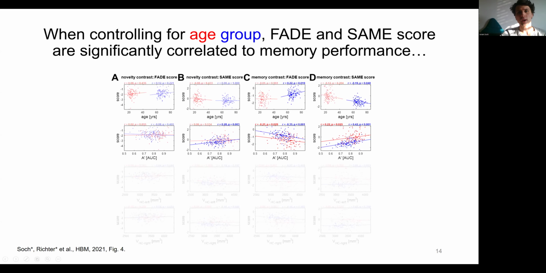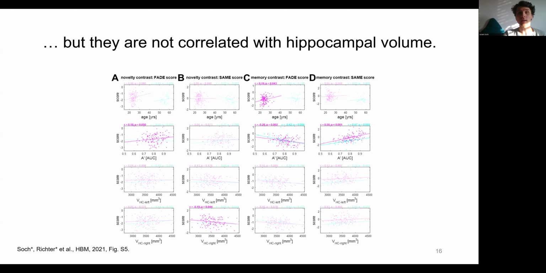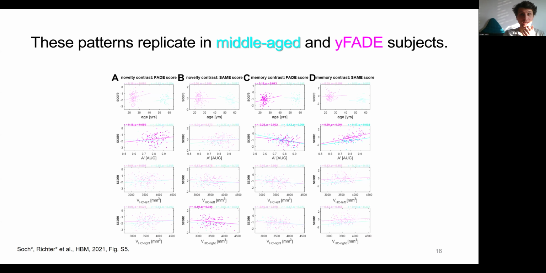Second, when controlling for age group, FADE and SAME scores are significantly correlated to memory performance. The memory scores are also correlated to chronological age in the group of older subjects, but none of the scores is correlated with hippocampal volume, left or right hemisphere. These patterns also replicate in middle-aged and young replication subjects.